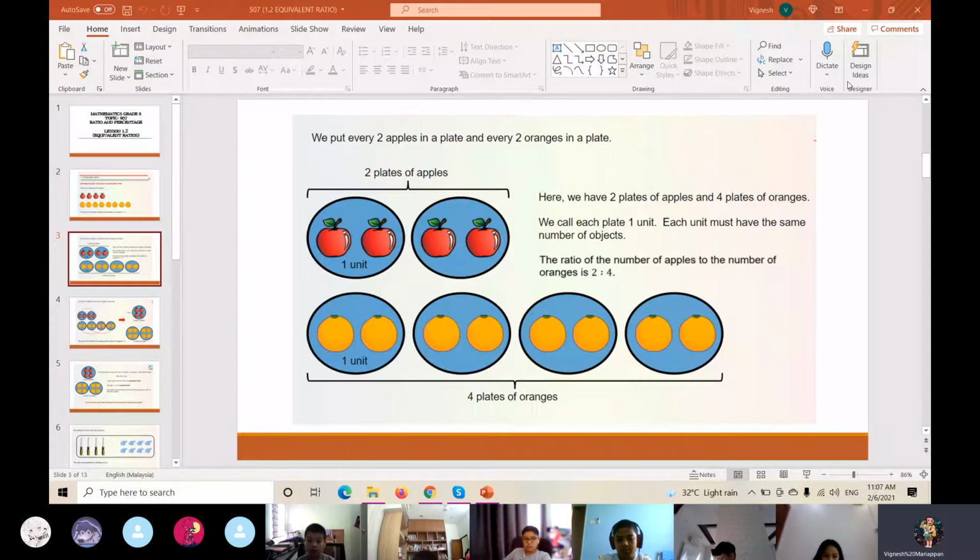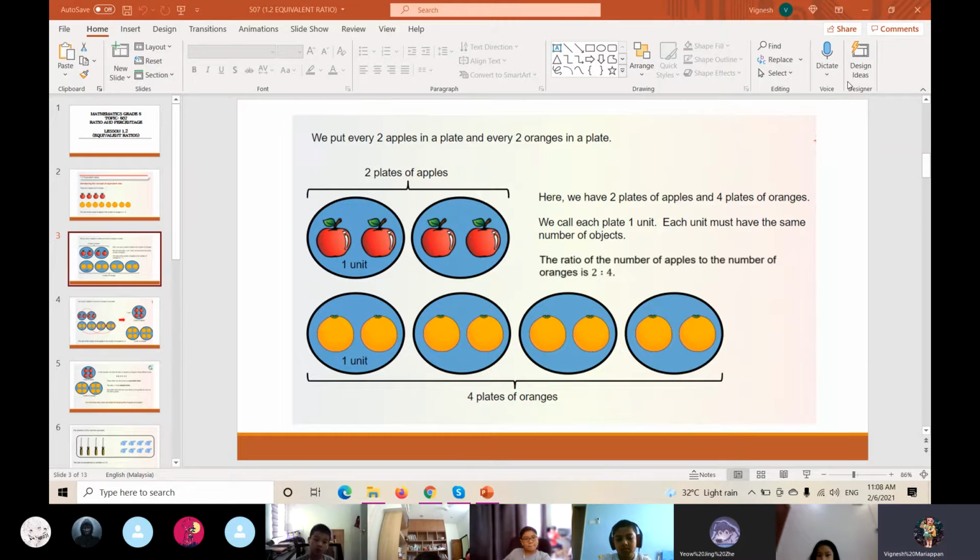So if you want to find the ratio of the apples to oranges, what is the answer? Class. Ratio of the apples and oranges, 2 and 4. 2 to 4. Okay, how to simplify?